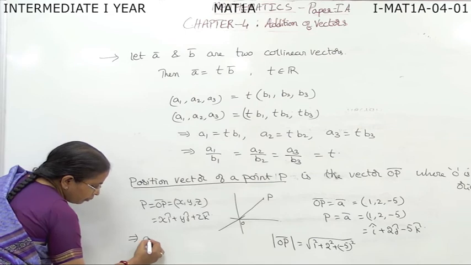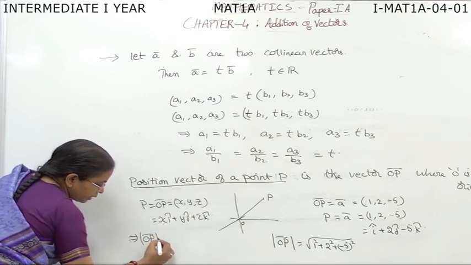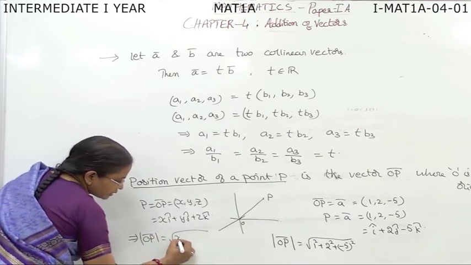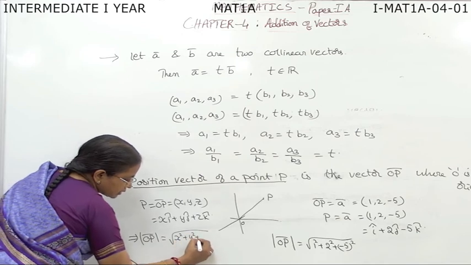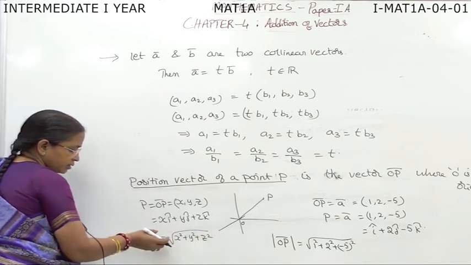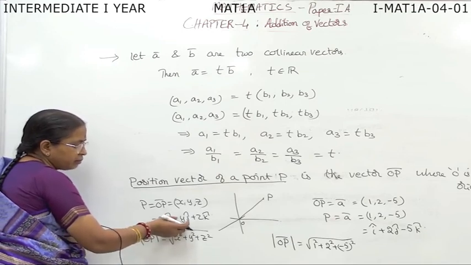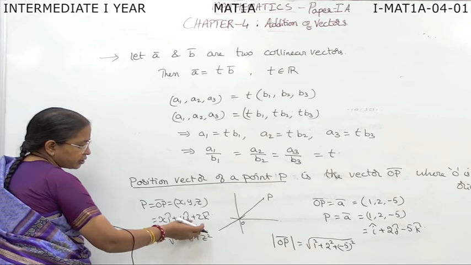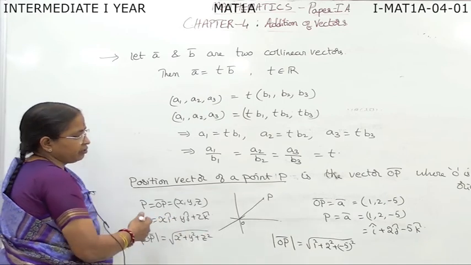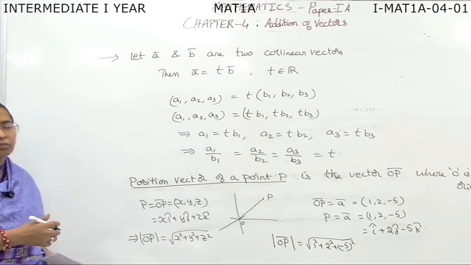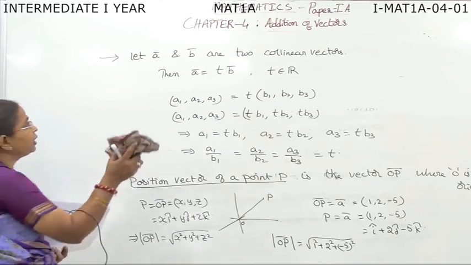Then mod OP, the length of OP, is root of x square plus y square plus z square. So it is the square root of the square of the I coefficient plus the square of the J coefficient plus the square of the K coefficient. So this is about the position vector of a point P.